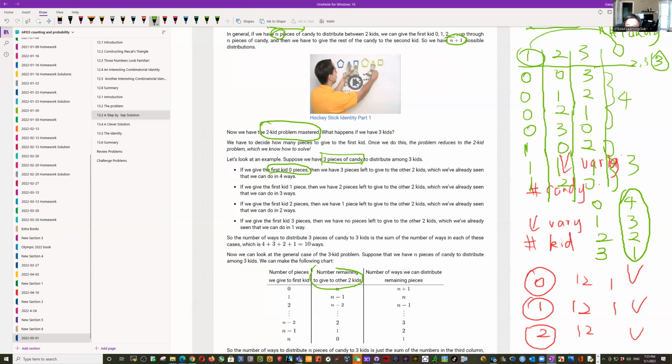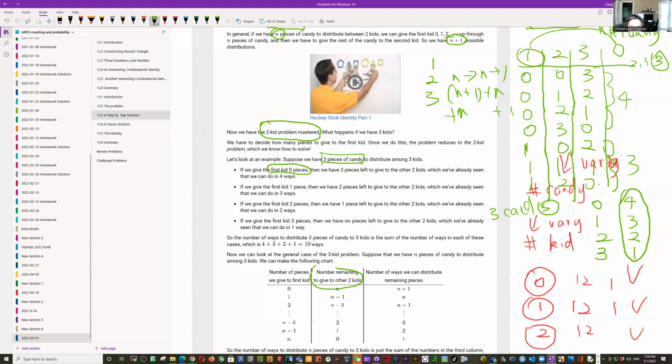So for 3 candy among 3 kids, we actually solved the 1 kid, 2 kid. 2 kid basically is n plus 1. Then for 3 kid it's n plus 1, because that's 4, plus n plus n minus 1 all the way to plus 1. So it became a series.